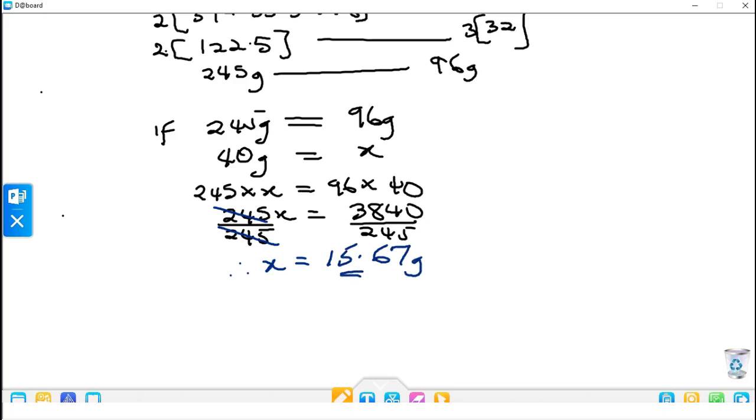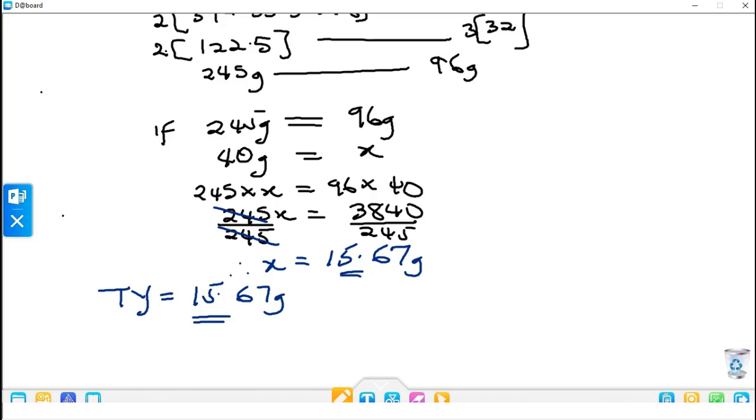So this is what we call our Ty. So the theoretical yield for oxygen is 15.67 grams. Why? It is because from the equation, 245 grams of potassium chlorate will give 96 grams of oxygen.